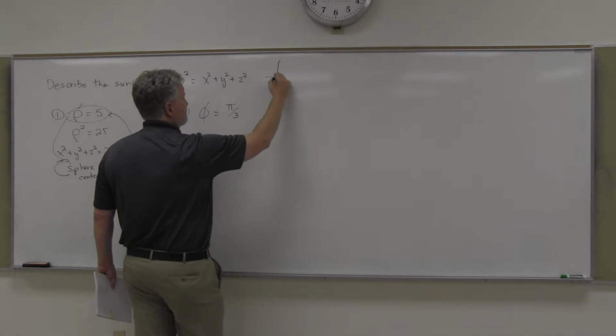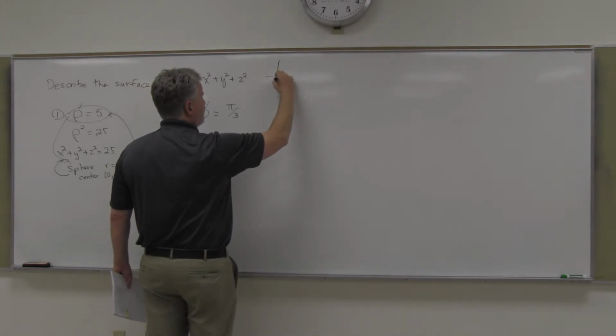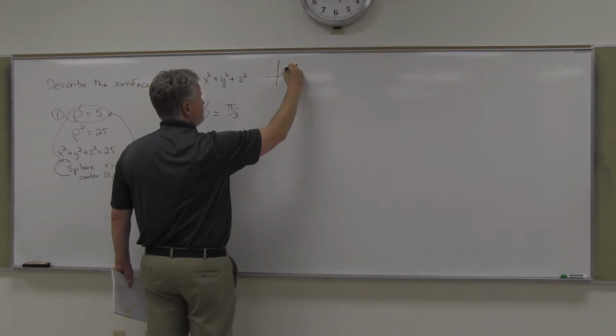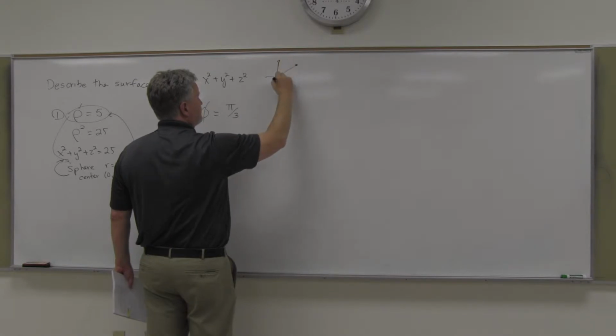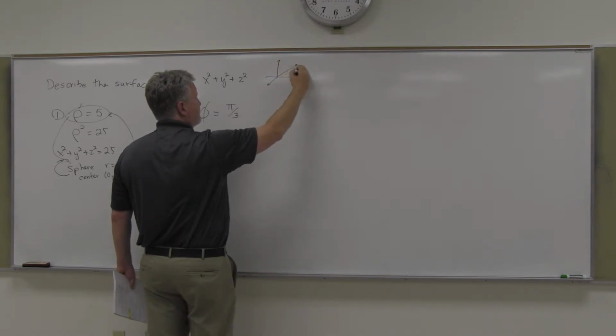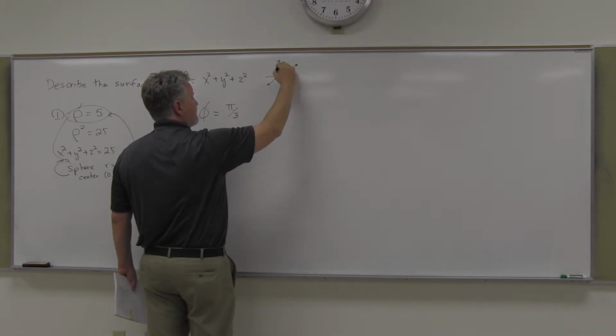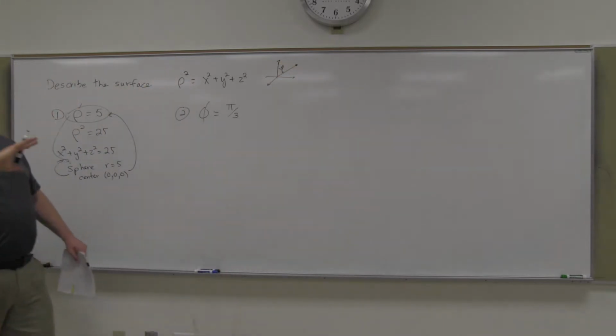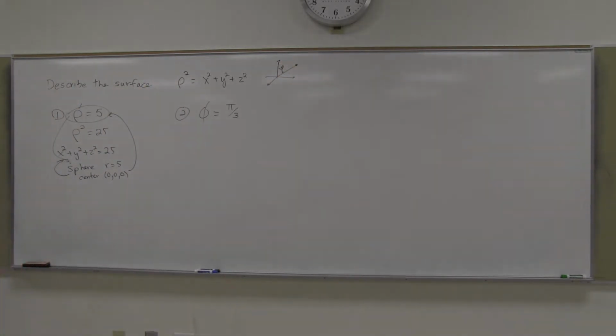Phi is the angle that the line from the origin out to the surface makes.